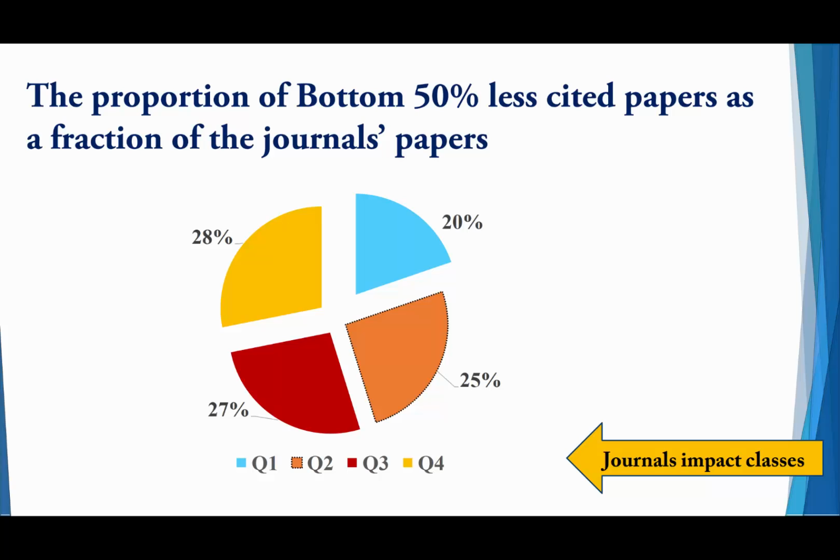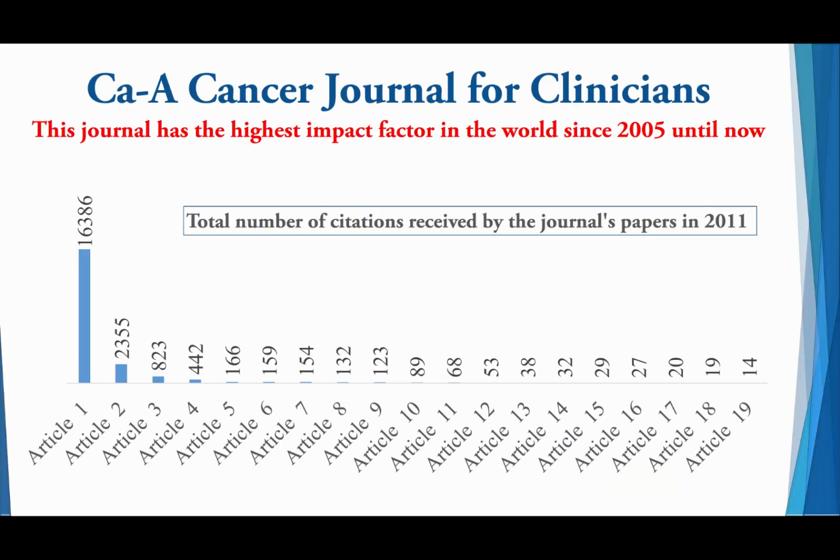But about 20% of the papers of the Q1 journals classify as the bottom 50% less cited papers. Hence, Q1 journals include the highly cited papers as well as the lower cited papers and also the uncited papers. Not all papers in the Q1 journals necessarily have high impact.